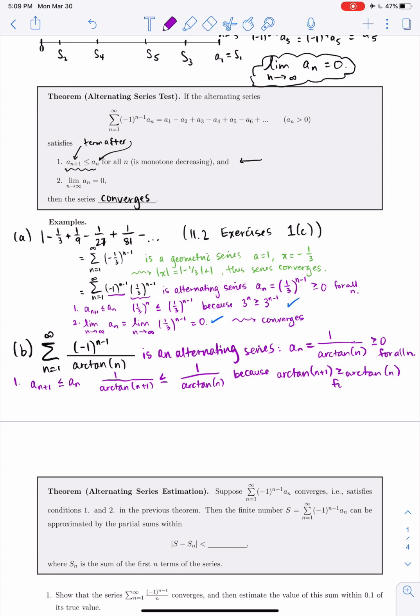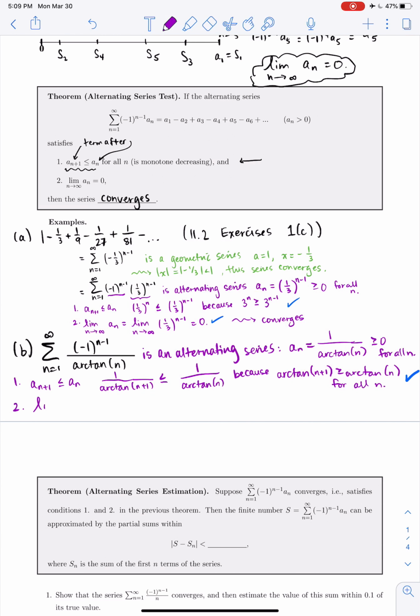Okay, so because arctan is an increasing function, arctan of n plus 1 is going to be larger than arctan of n. So that condition for the alternating series test checks out. Let's check the second part. We cannot apply the alternating series test unless both of these conditions are verified.